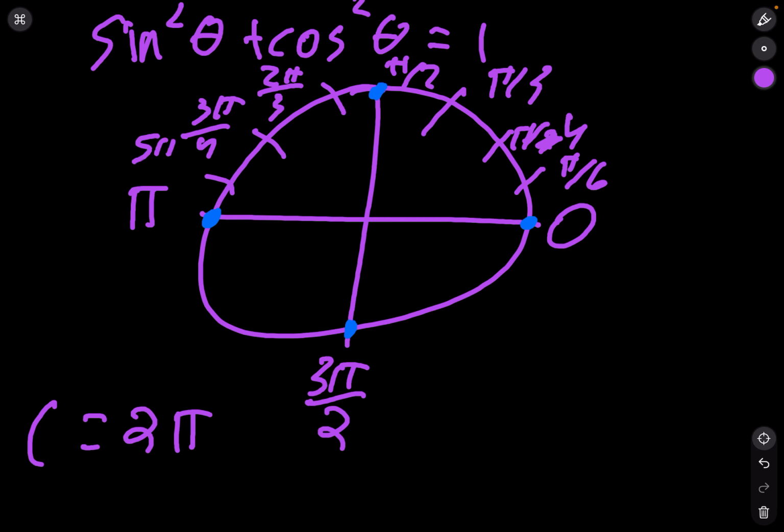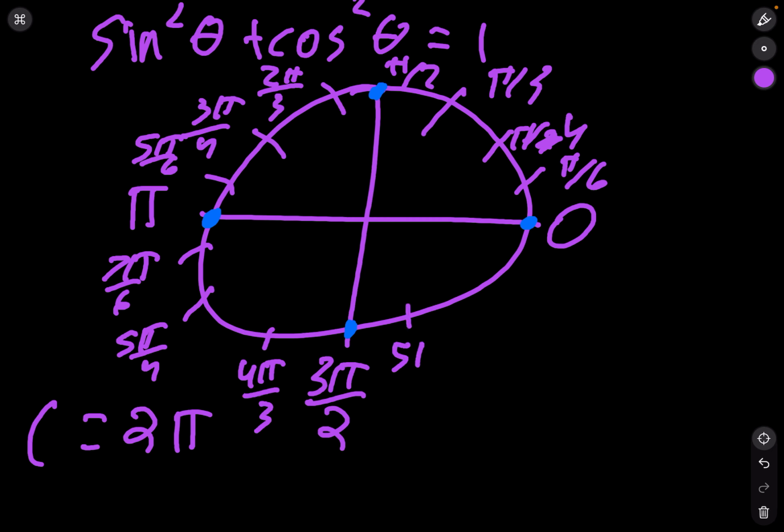You have 0 radians here, pi half radians here, pi radians, and then 3 pi half radians to represent different parts of the circle as well. And in the middle you would have pi third, pi half, and pi 6. I'm sorry, not pi half, pi 4.